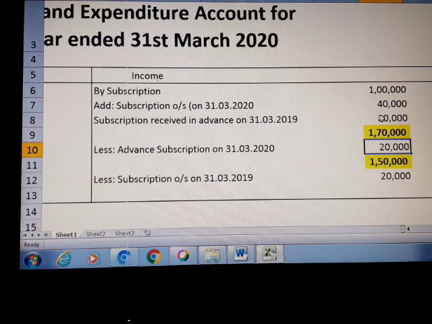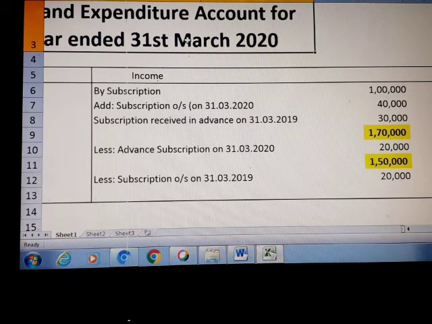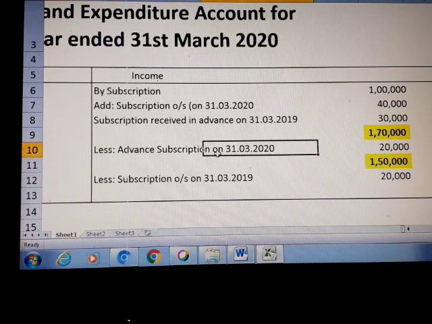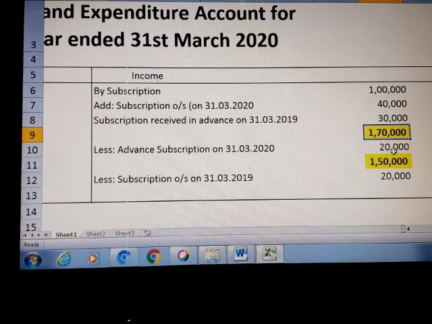I will have to add it. Since I am preparing for 31st of March 2020, this advance subscription amount what I received towards 31st of March 2020, I have to subtract it. Once when I subtract this 20 from this 1,70,000, I will be left over with 1,50,000.